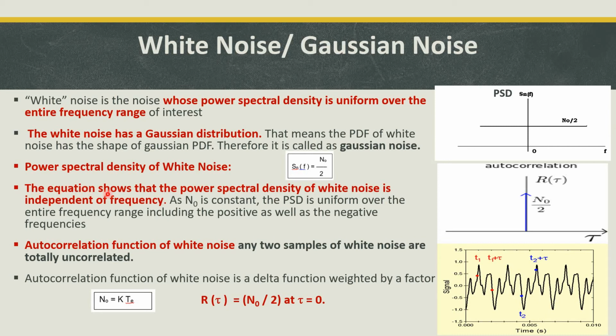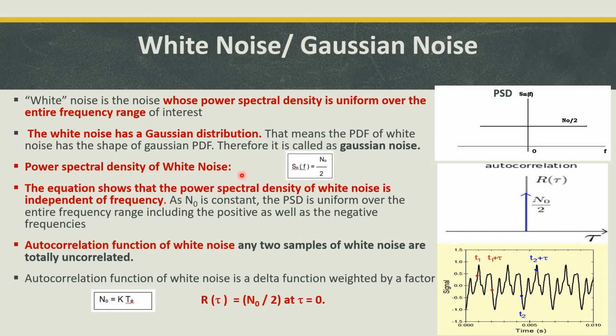The equation shows that the power spectral density of white noise is independent of frequency, as N0 is constant. So there is no frequency component present. The power spectral density is uniform over the entire frequency range, including positive as well as negative frequencies.